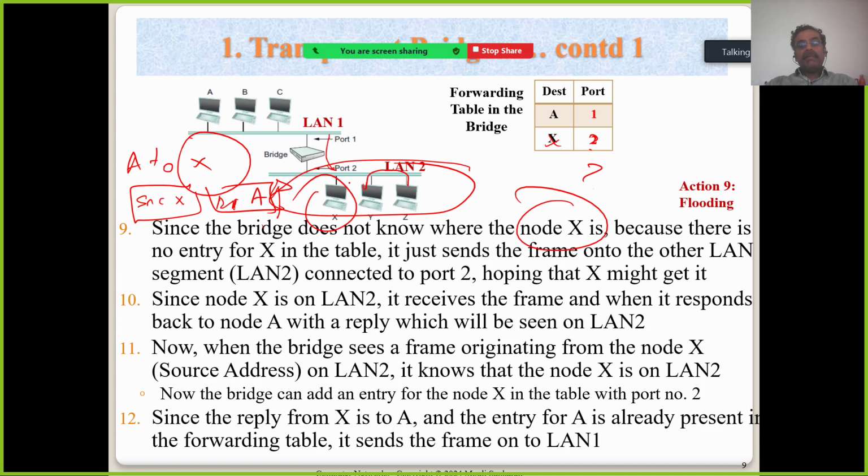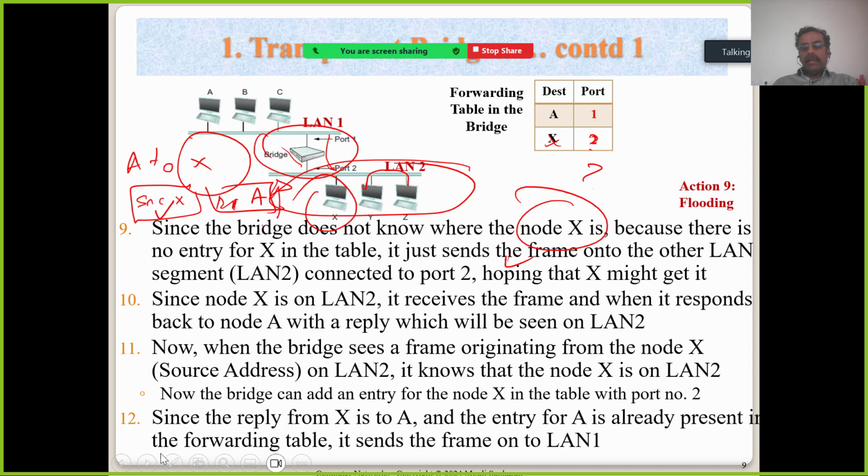Flooding will not happen on all of them. You can expand this bridge into multiple ports, because I told you that a bridge can have more than 2 ports. Initially flooding happens on all ports. Once it learns these two, it will happen only between these 2 ports. So that's how the learning helps the bridges to be intelligent.